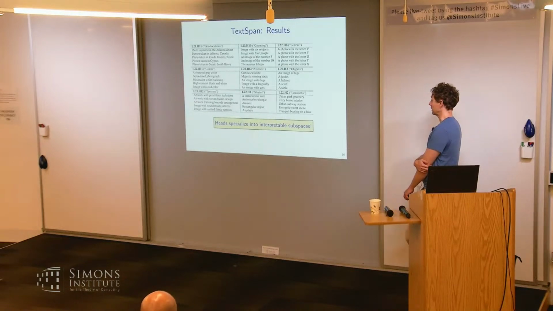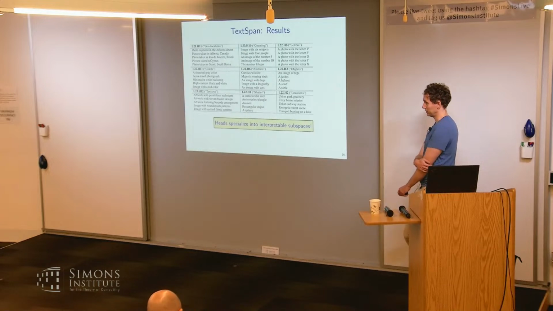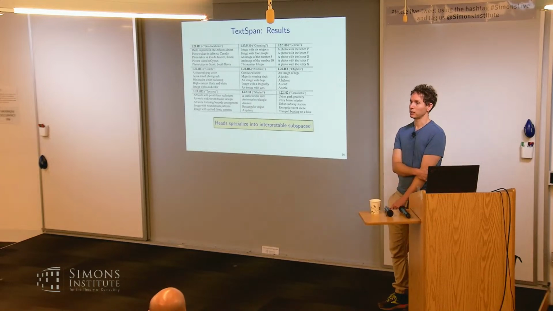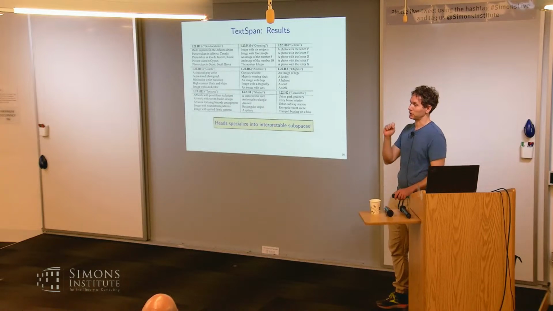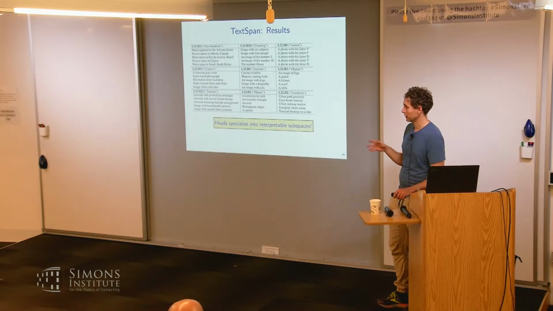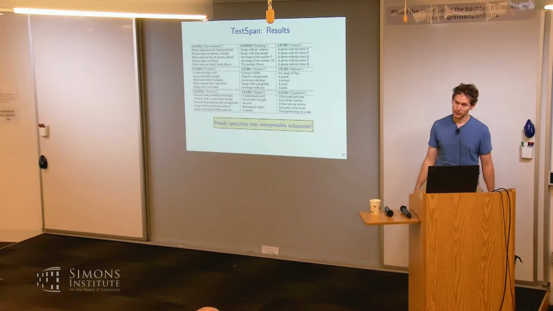So generally, what we did is for each of these, we came up with about a 70-dimensional basis for each head. If you do this and then you just project onto that subspace, CLIP's accuracy only decreases by a couple percentage points. So this is saying most of the things are captured in the top 70 dimensions.